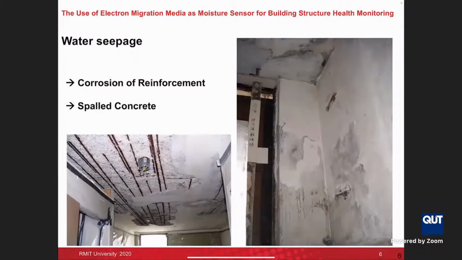So this is the indoor condition of those buildings. You can see spalled concrete, and water seepage from the roof and also the wall. We measured it with a moisture meter, and the moisture is very high.